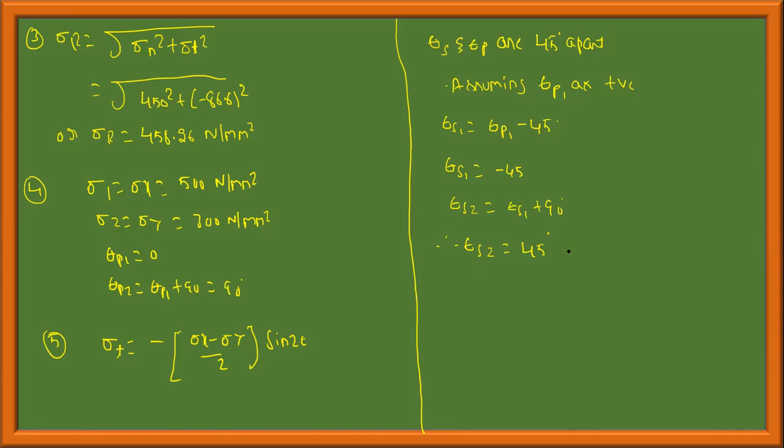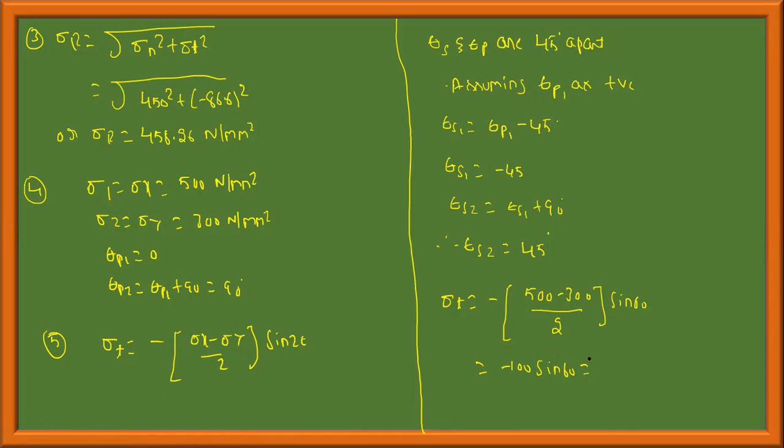Okay, we have found the magnitude. It remains the same for theta s1 and theta s2. Nothing will change. Now sigma t is equal to minus of sigma x minus sigma y, that is 500 minus 300, by 2, times sin 60, which is equal to minus 100 sin 60, which is equal to minus 86.6.